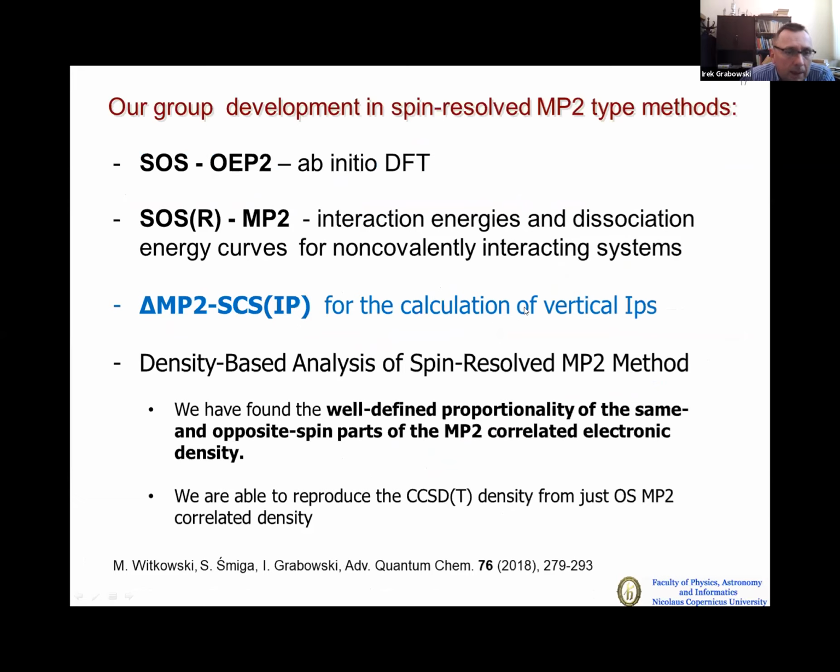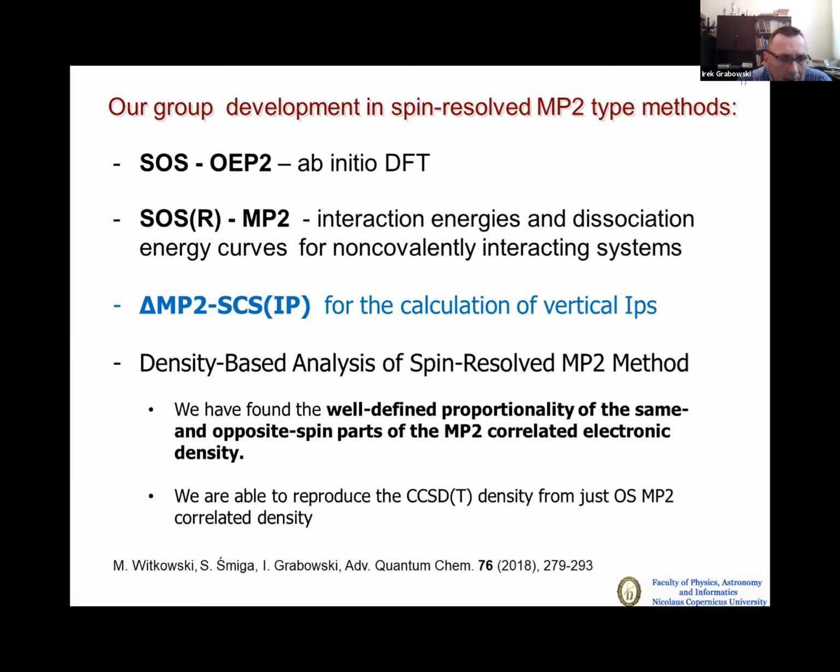So, okay, I'm moving to the main point of my talk. But before that, I also want to advertise our other approach to spin resolved MP2.